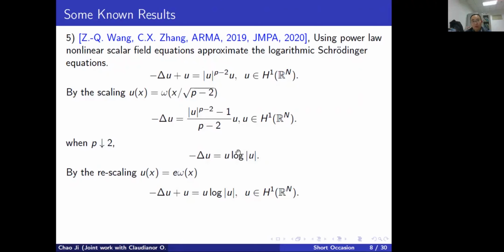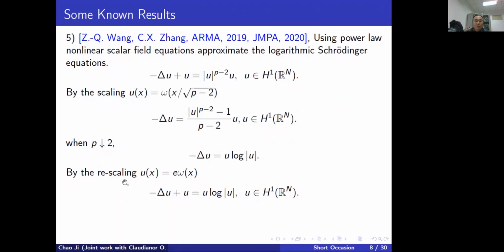Because the functional corresponding to this equation is C1, we can use classical critical point theory. So in this paper, they show that the ground state solution of this equation converges to the ground state solution of the logarithmic equation as p goes to 2.